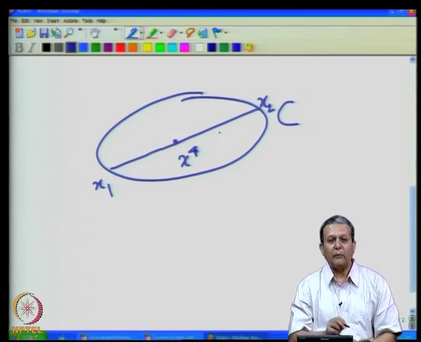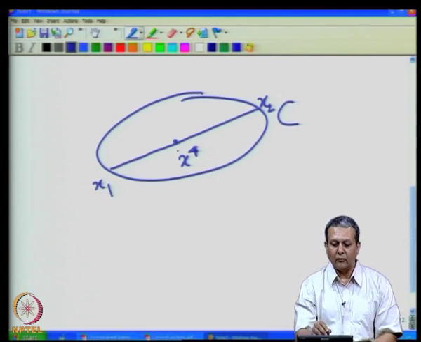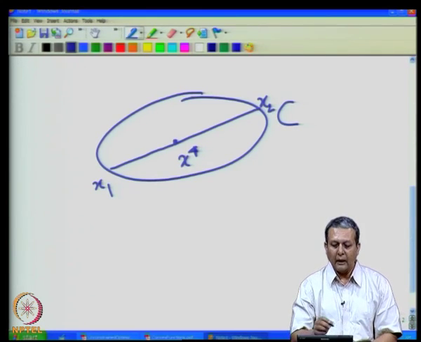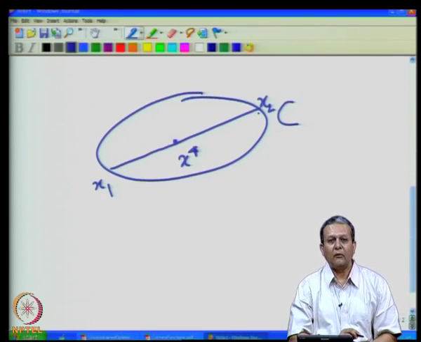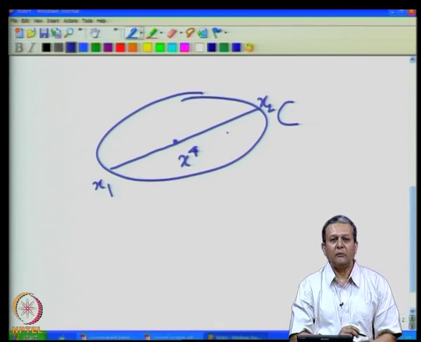Now, these boundary points do exist because we have assumed that C is a closed bounded convex set. So, we can always find these points x1 and x2 where that line passing through x star cuts the boundary of this. And what we will prove is that if the maximum is at x star which is in the interior of the set C, then we can show that there will be points on the boundary which will have a function value higher than f of x star.